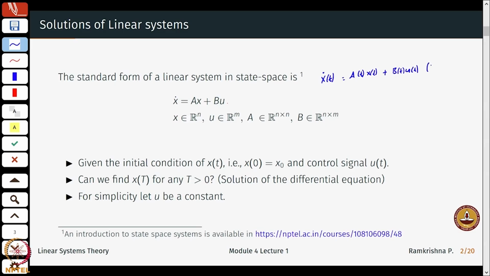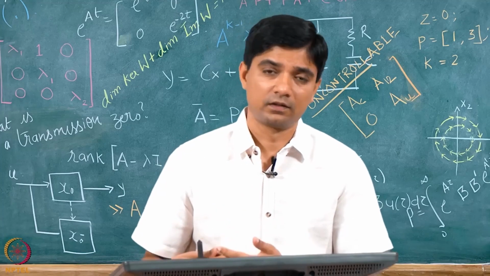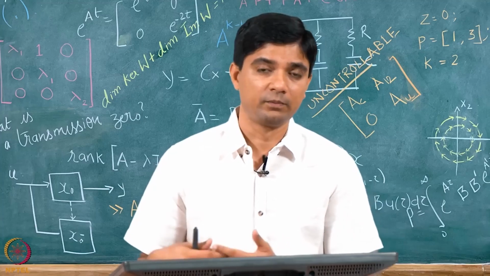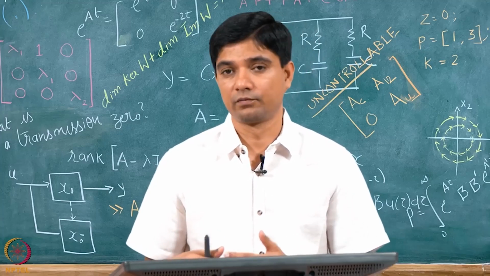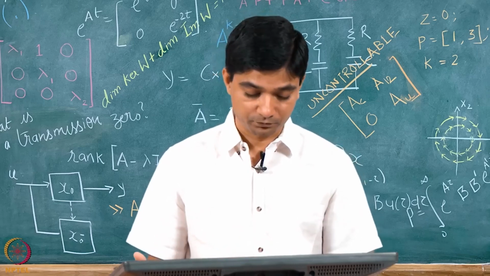So, this is a linear time varying system, whereas this is just a time invariant system. We will deal with both of them and start with the simpler case of the time invariant case, and then slowly build up to look at solutions of time varying systems.